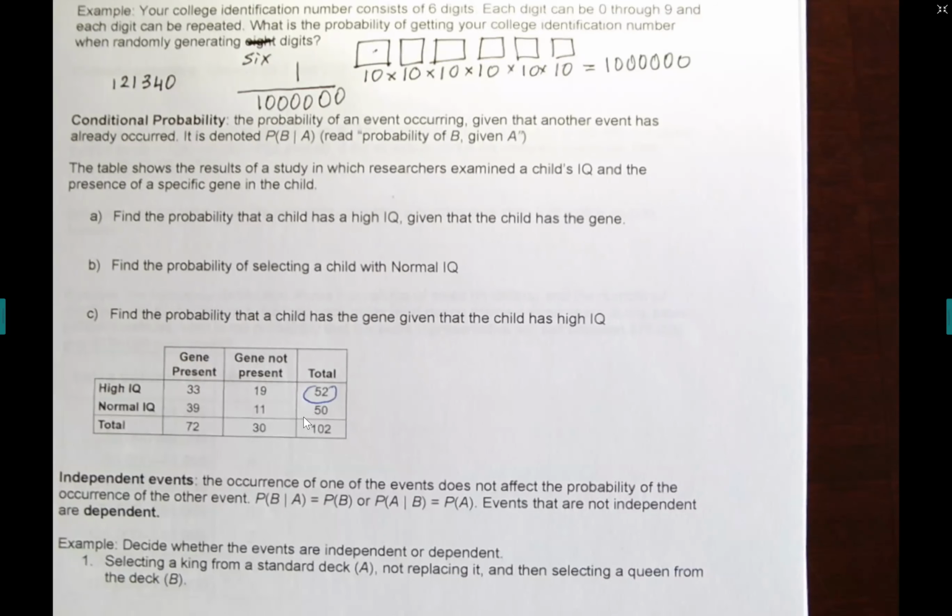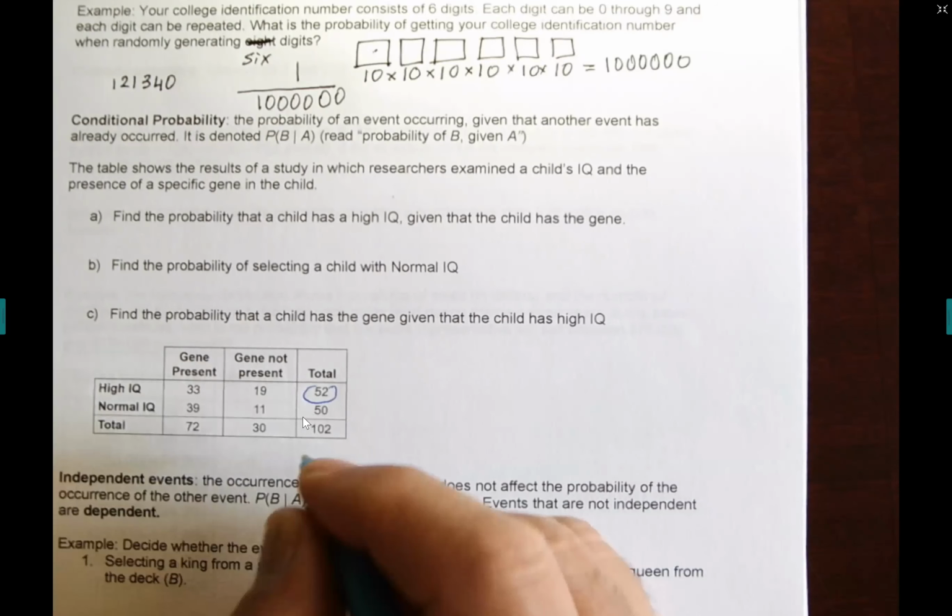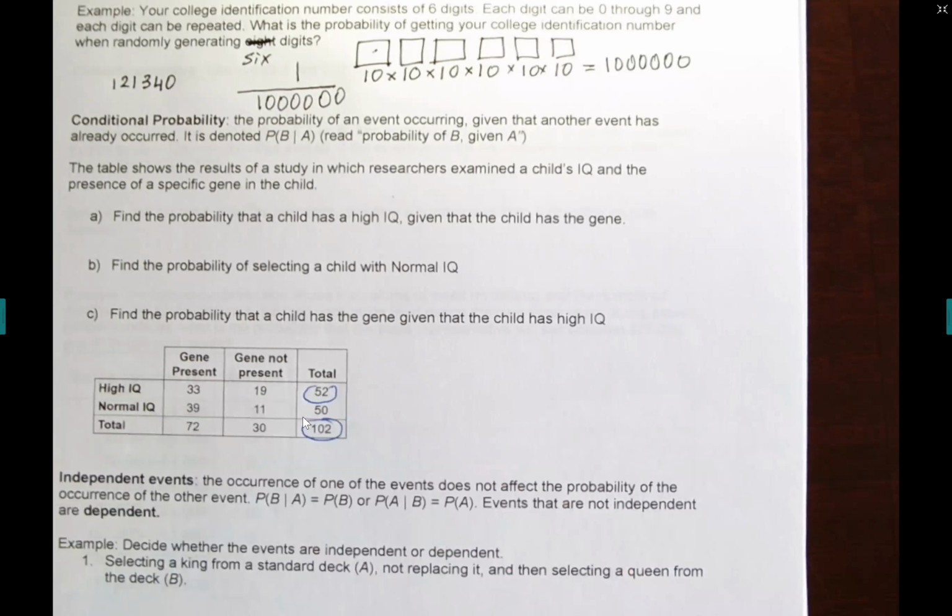What about 102? It looks like 72 plus 30 is 102, 52 plus 50 is 102. This is called the grand total, guys. It's the total number of children surveyed.